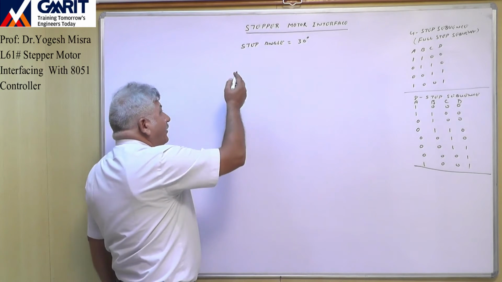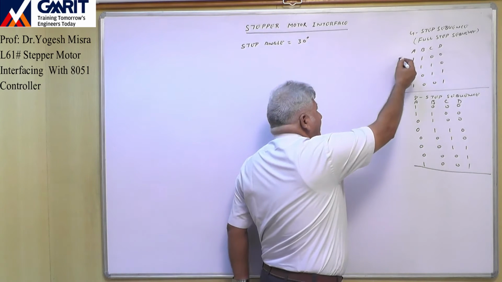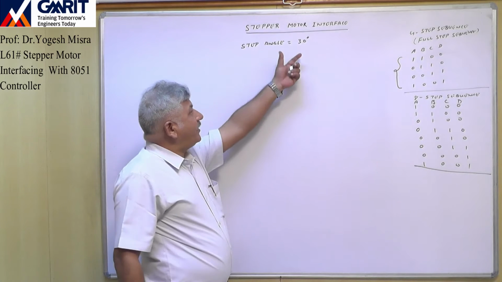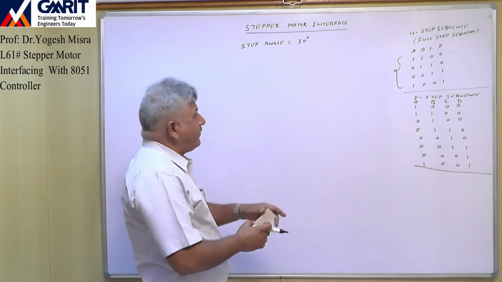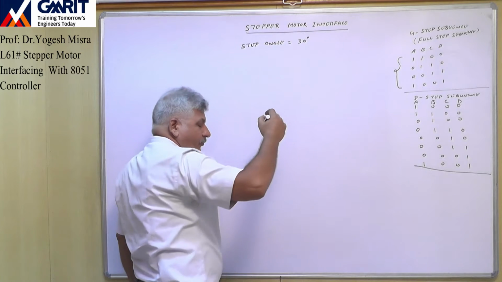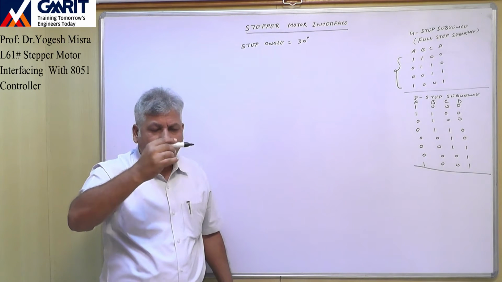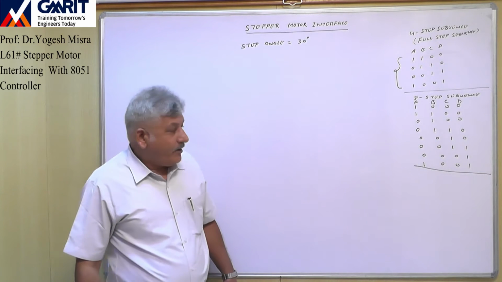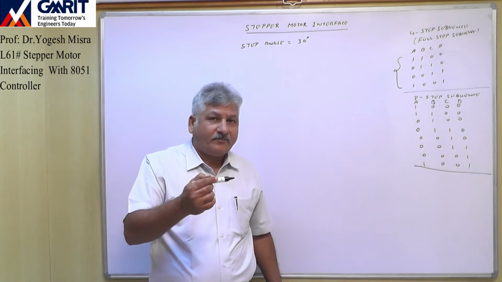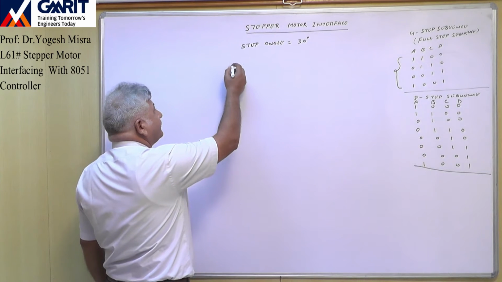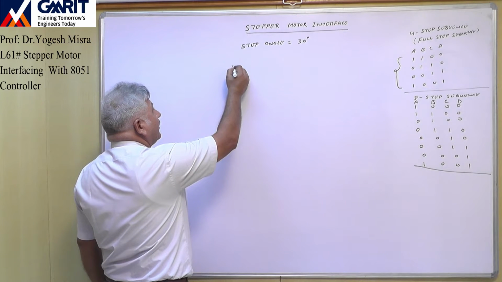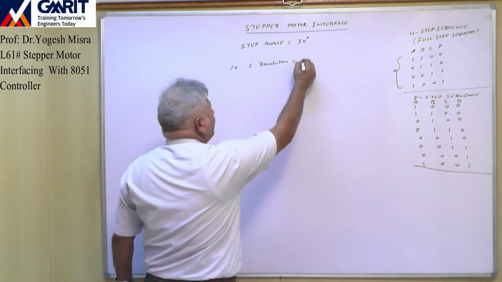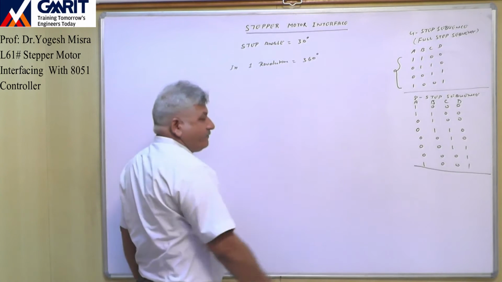Now we will concentrate here on the 4-step sequence. If the step angle is 30 degree, suppose we have to rotate our motor one complete rotation. In one revolution we know that there is 360 degree.